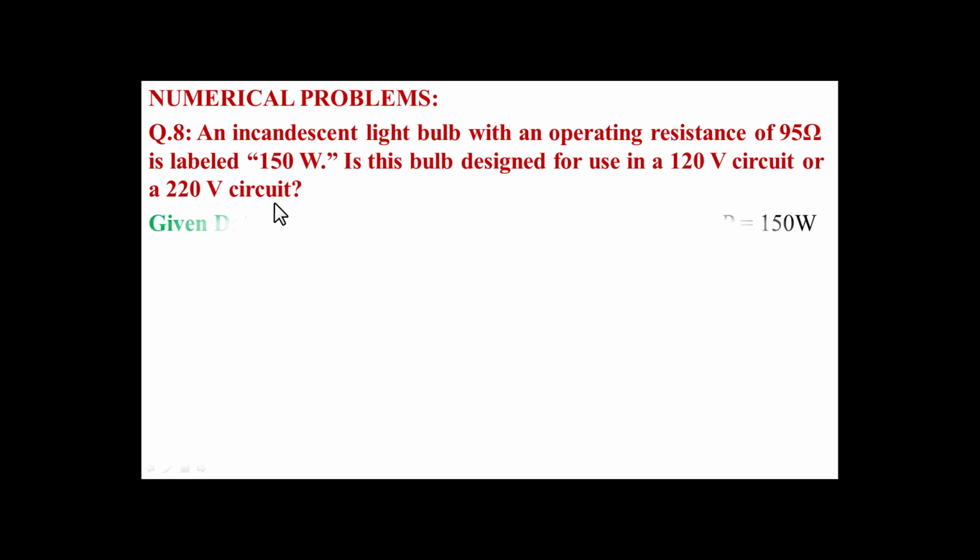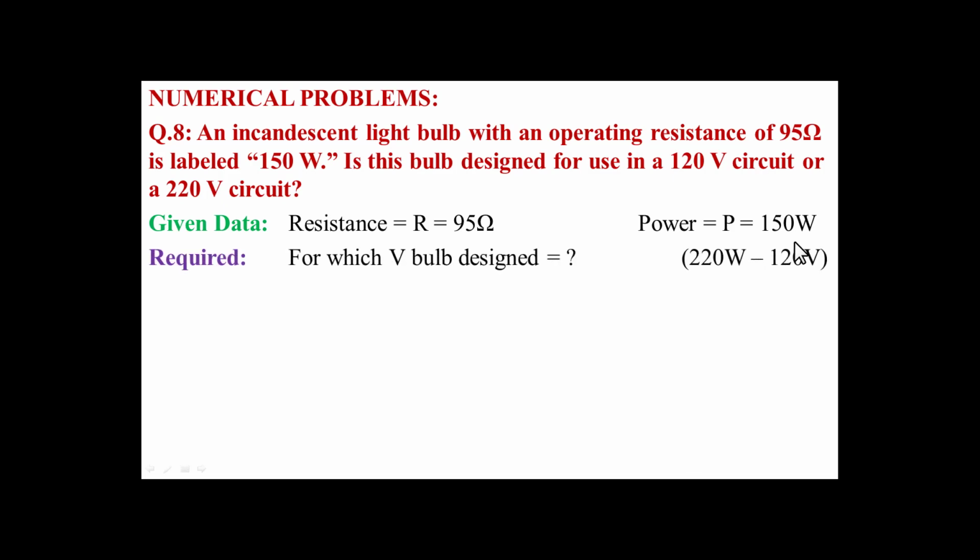Now we can write the given data. Resistance R is equal to 95 ohm and power P is equal to 150 watt. We need to find the voltage for which the bulb is designed.